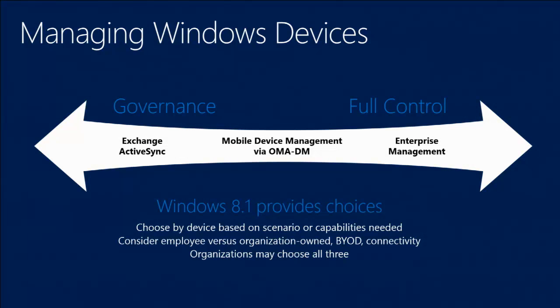But it is an open MDM agent that's provided as part of Windows that can be leveraged by MDM vendors like AirWatch and Mobile Iron to do that lightweight management of BYOD devices. That would include deploying software to them, deploying settings, capturing inventory, doing VPN configurations, doing wireless settings.